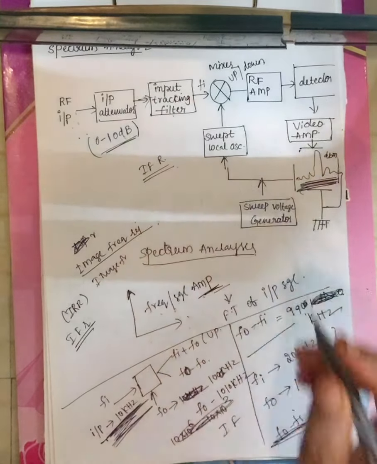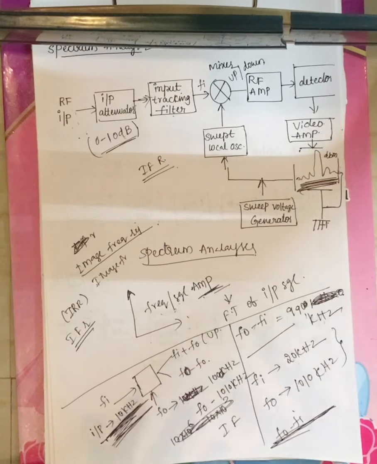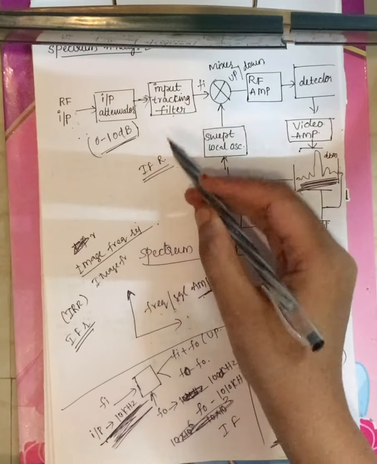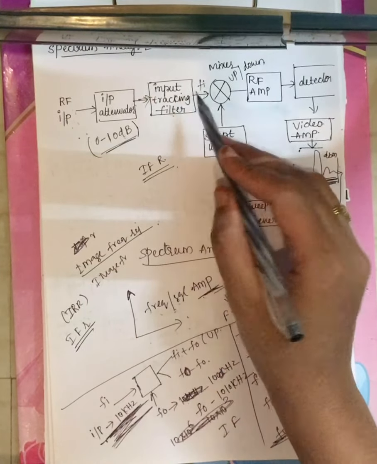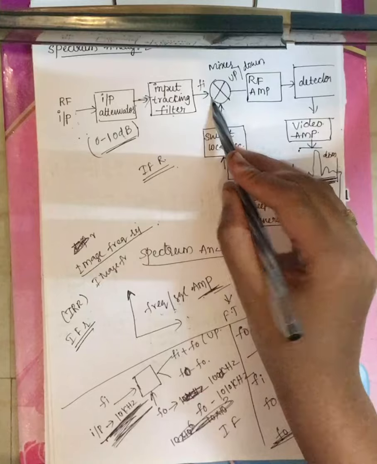You want to transfer one intermediate frequency, but there is a chance of getting another same intermediate frequency because of variation in the local oscillator frequency. That image frequency can be reduced by the input tracking filter, and the output is given to the mixer.